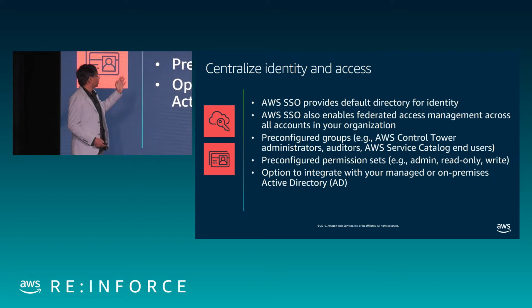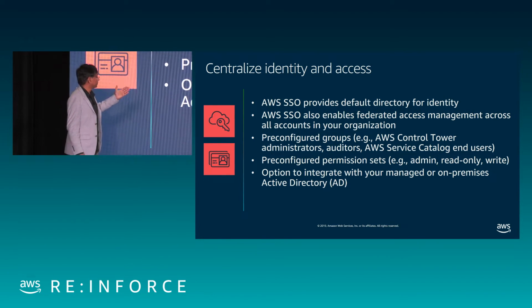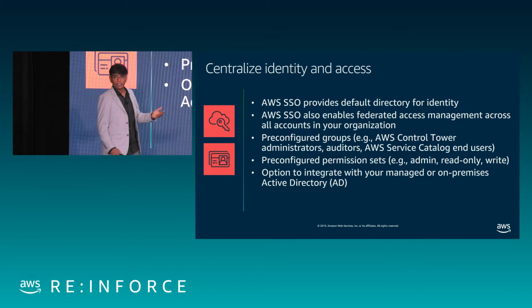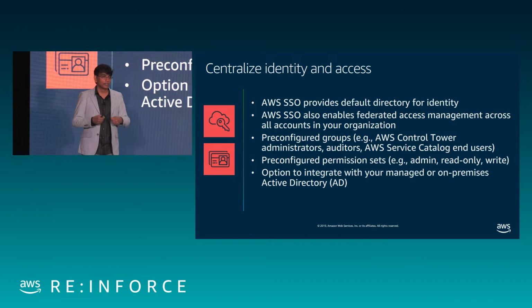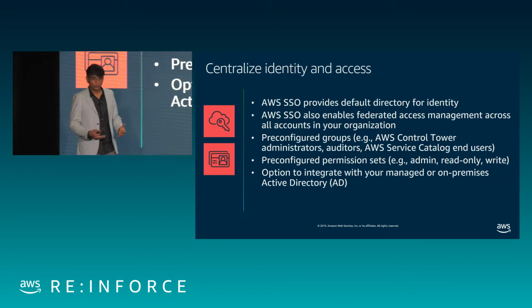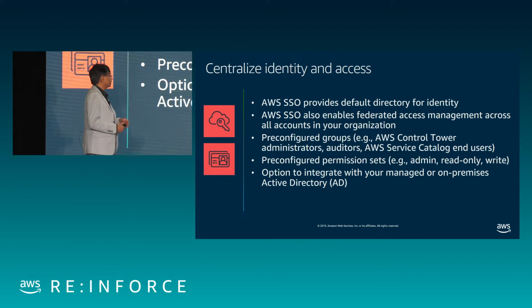And we'll show you in the demo how Control Tower sets up a lot of pre-configured groups. And these are some examples where you have Control Tower administrators. They are the ones that are going to be enabling guardrails and configuring the account factory, working with other security and compliance professionals within the organization.